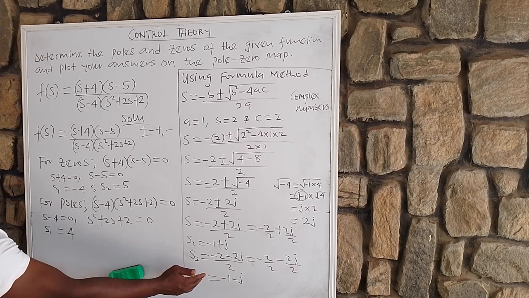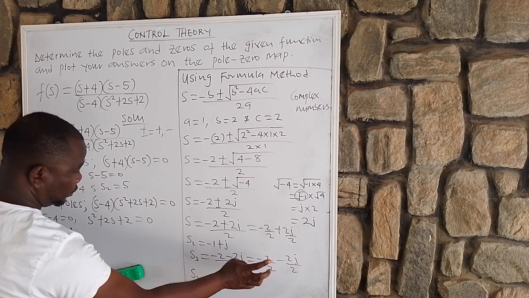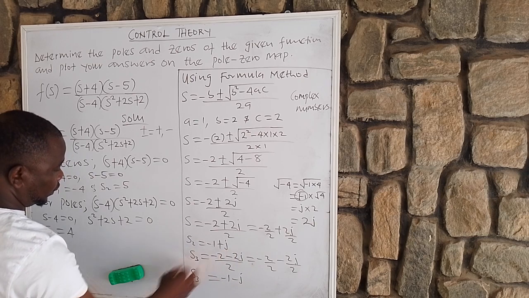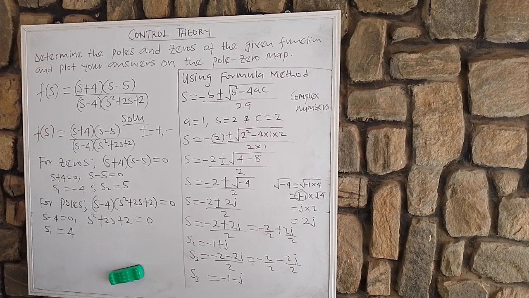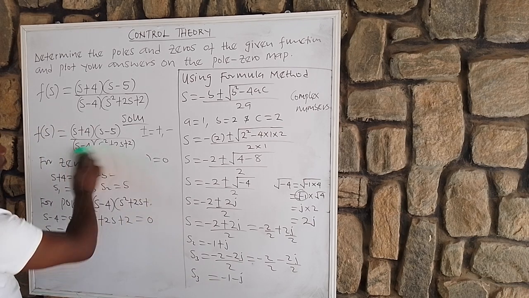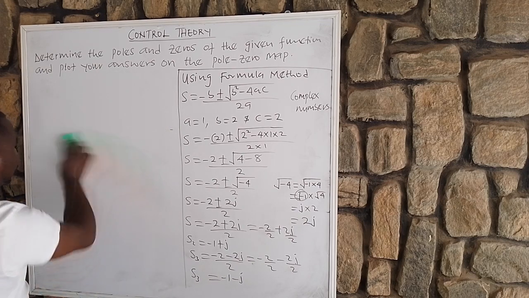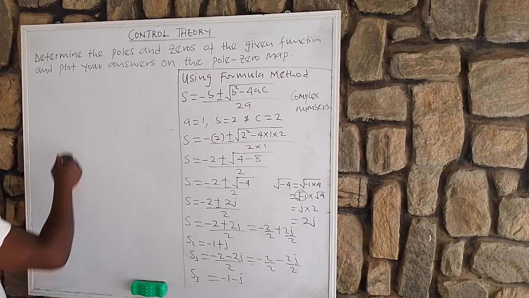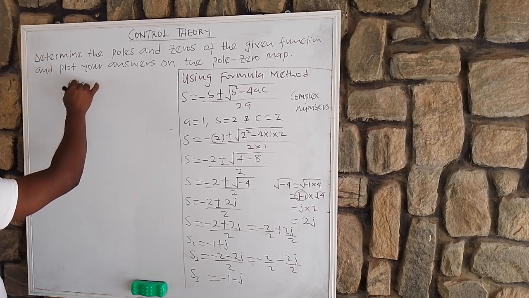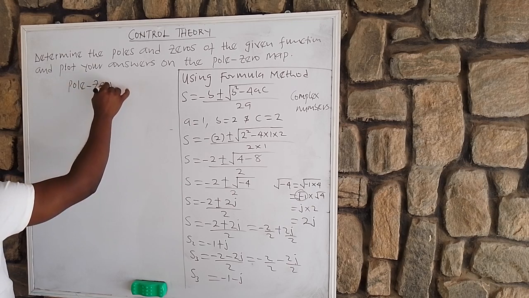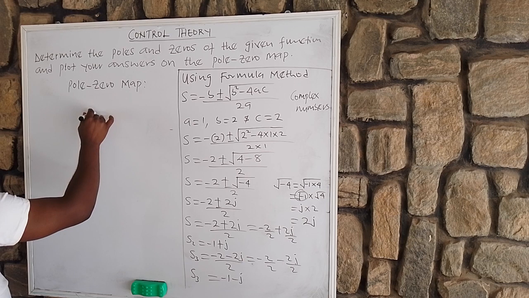The poles are 4, minus 1 plus j and minus 1 minus j. These are the poles. So let us get our pole zero map done.